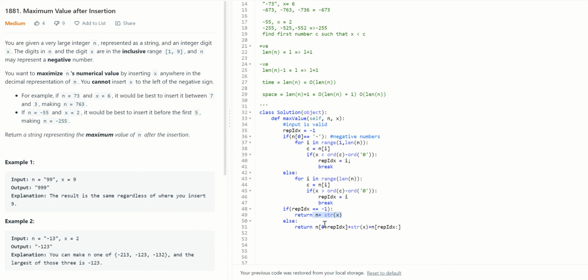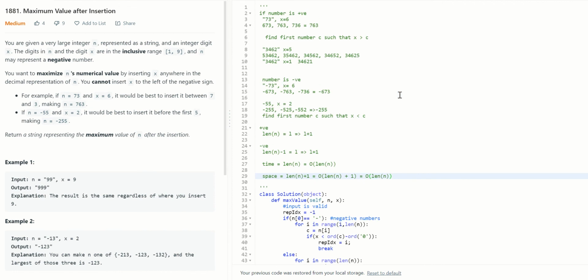For that purpose, we need to account for the space. So the length of n, and we have one more character, so length of n plus 1. But when we give the big O notation, we will knock off the ones. That's why the total space complexity is order of length of n. That is as simple as that. So time complexity is order of length of n, and space complexity is also order of n.